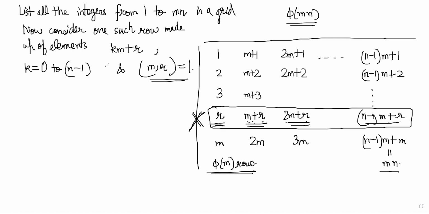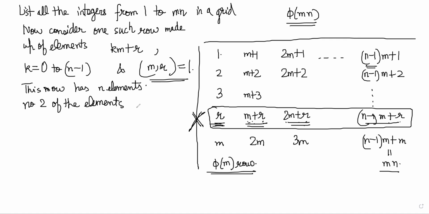So m and r are relatively prime to each other, right? This row has how many elements? If you see, every row here has n elements, 0 to n minus 1, right? It has n elements, and no two of the elements are congruent to each other mod n. Why? Because it has n elements.